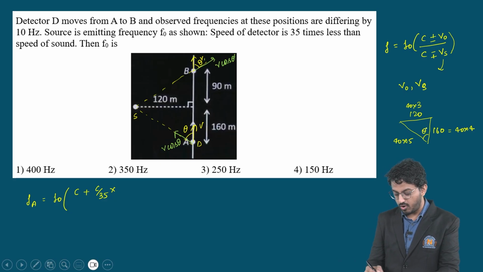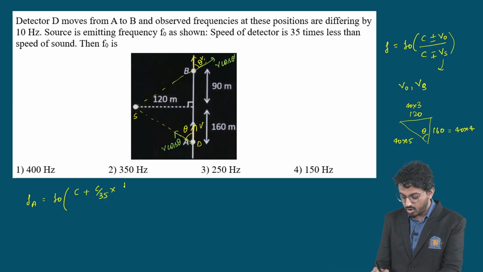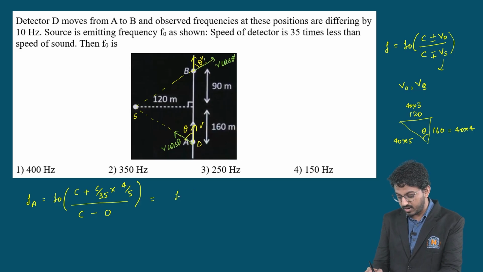So in terms of cos theta, it is going to be 4 over 5 here. Entire thing divided by C minus the velocity of the source, which is 0 in this situation. Solving for that, we get f naught times (1 plus 4 over 35 times 5).